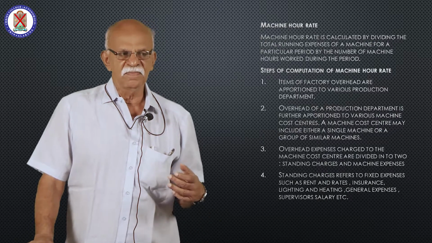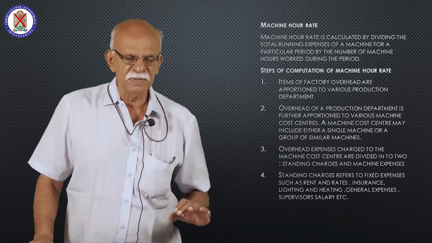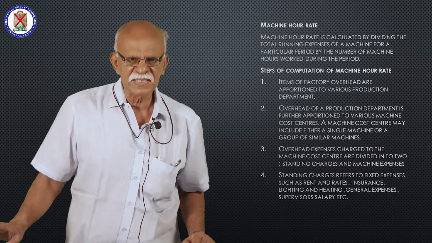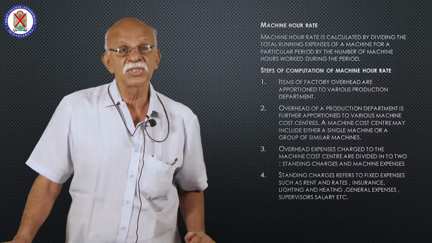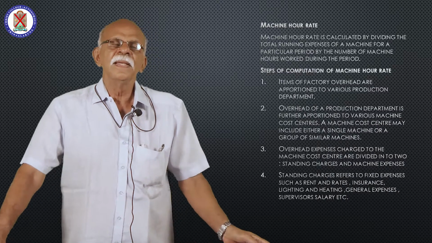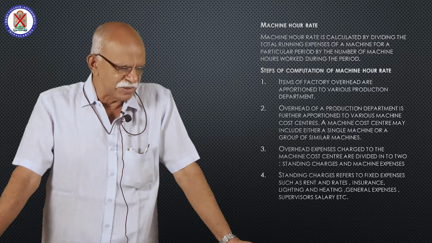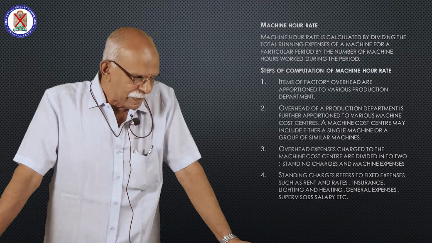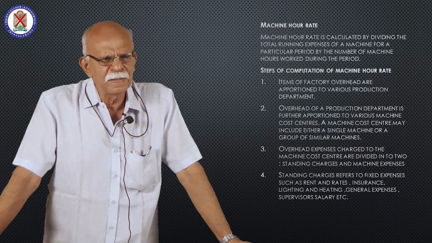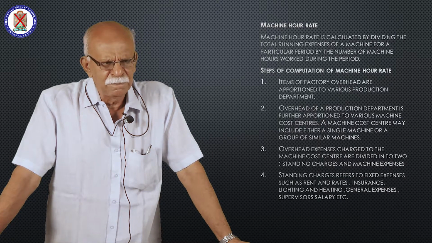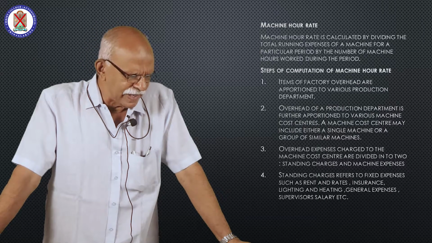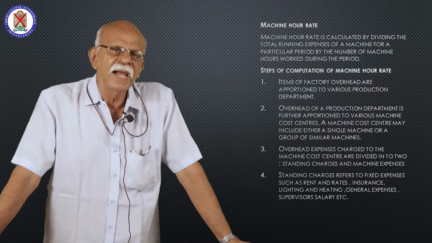Formerly, the distinction was fixed charges and variable charges. Now it is called standing charges and machine expenses. Standing charges or fixed expenses, I have given examples for that. Machine expenses usually mean expenses which are directly related to machines. They are variable in nature.